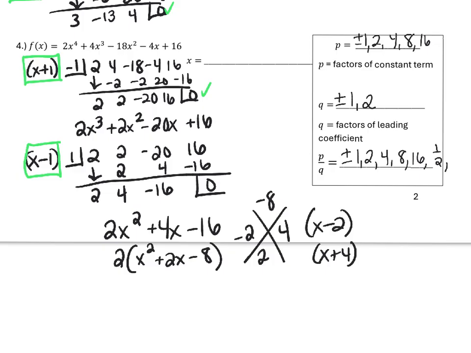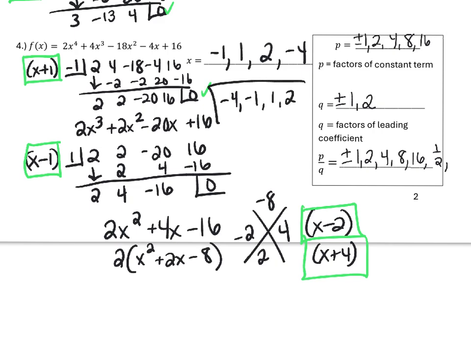So all of my roots, if I solve for each, x equals -1, +1, +2, -4. Ideally, I'd love to have you put these in increasing order so that they go from least to greatest. But those are our 4 roots.